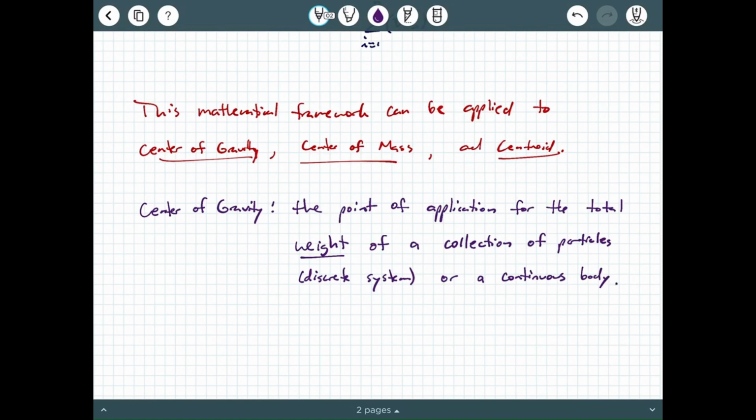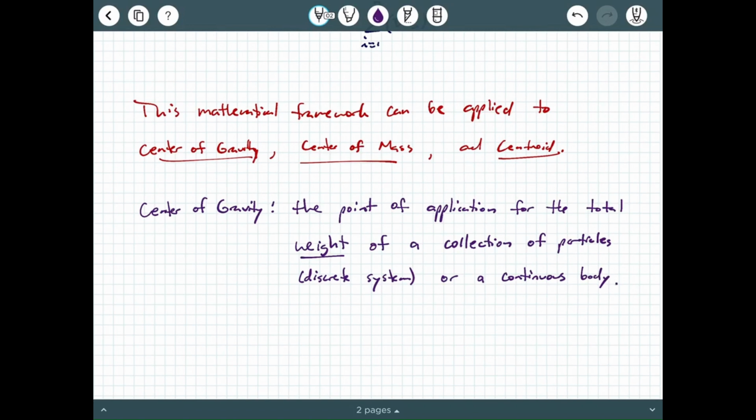Okay? So again, it's basically where the total weight of either a collection of particles, like we saw in our mathematical framework, is acting, or if you have a continuous solid object that maybe is a weird shape, or it doesn't have to be a weird shape, just any solid object, we call that a continuous body. Okay, so it's the point of application of where that total weight is acting.